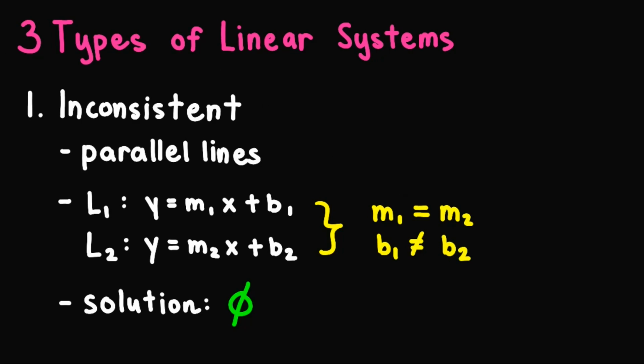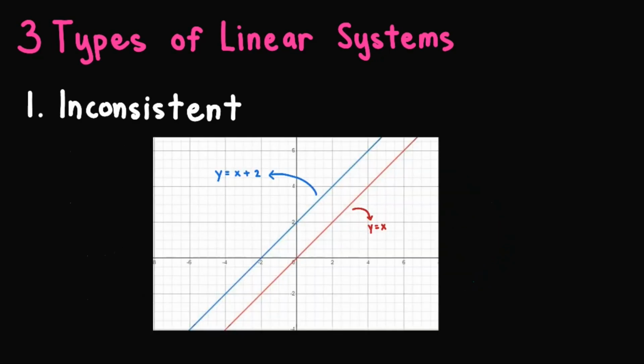Also, take note that this part out here is obtained from a discussion on parallel lines, so you may check that video out to learn more about that. So if we show its graph, it will look like this.